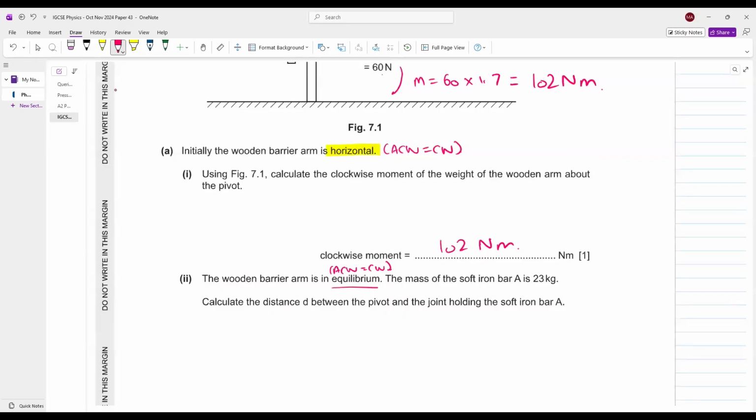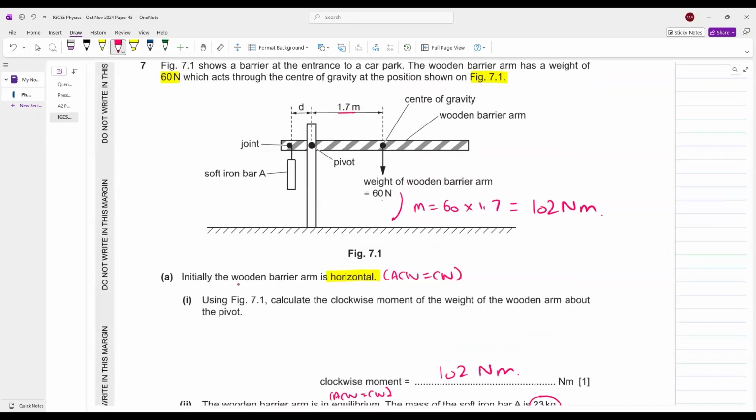The mass of the soft iron bar is 23 kg. ये जो सॉफ्ट आयरन बार लगा हुआ है बेटा, इसका मास क्या है? 23 kg. इसका वेट क्या हो जाएगा? Sorry, I switched into AS.